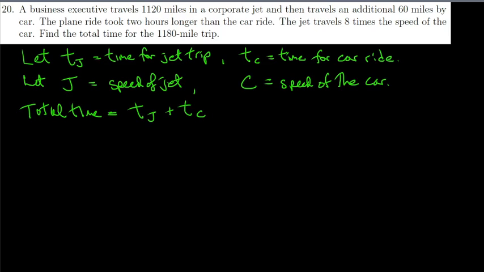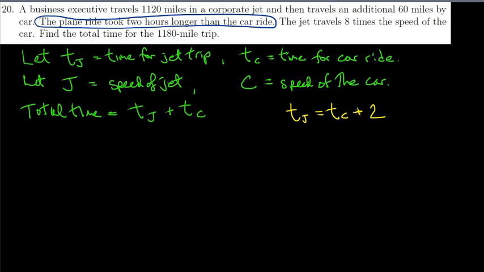All right. What else do we know? Well, we know the plane ride took 2 hours longer than the car ride. So that tells me the time for the plane was longer than the time for the car. So the time for the jet was the time for the car plus an additional 2 hours.